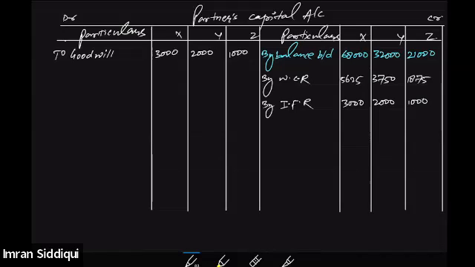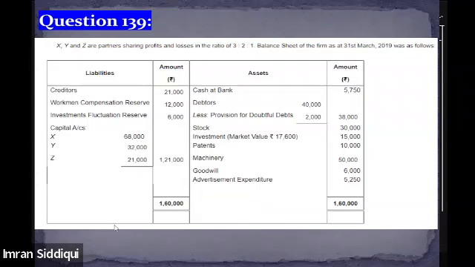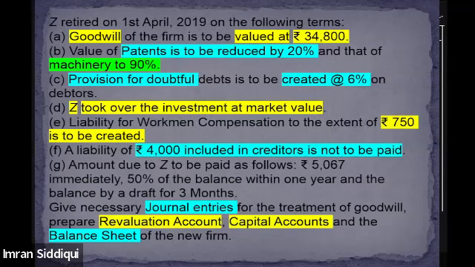Without reducing, I'm getting 6,000 as X's share. Let me check. Was there any adjustment regarding the workman compensation? Yes, sir. We have a liability for workman compensation claim to the extent of 750.